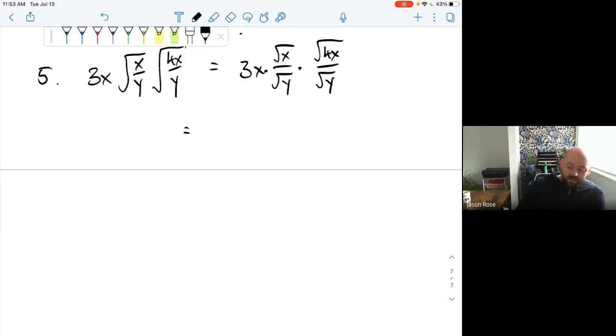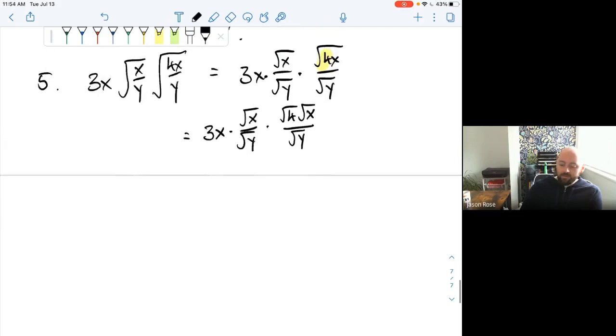What I'm noticing next is that in one of those square roots, I have a square factor. 4 is 2 squared. So I can extract that 4, and I can have 3x times root x over root y, root 4 by root x over root y like this.